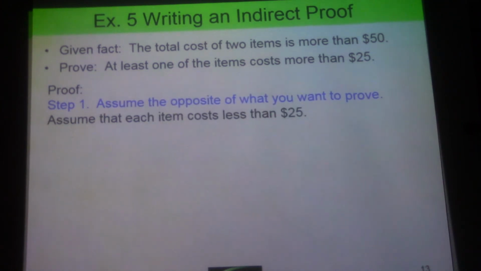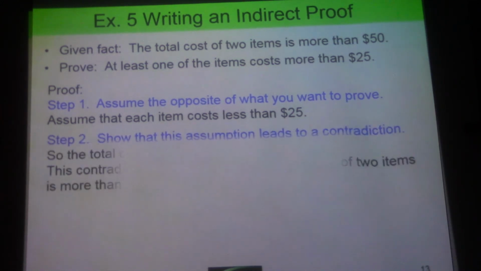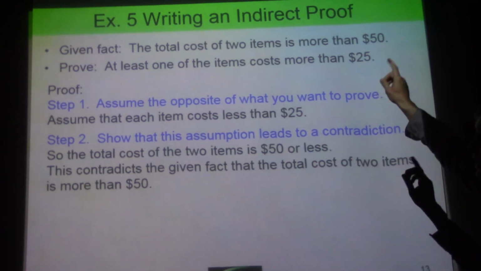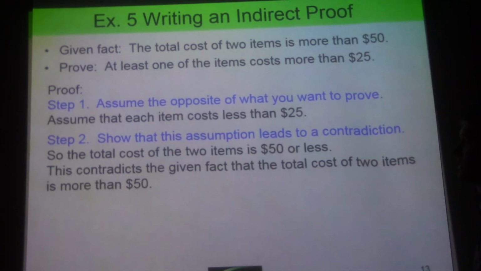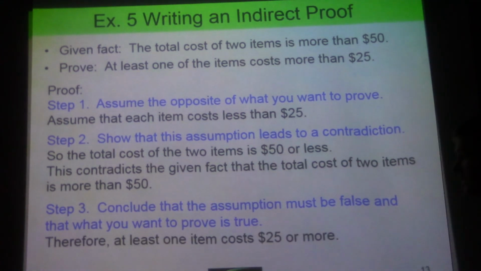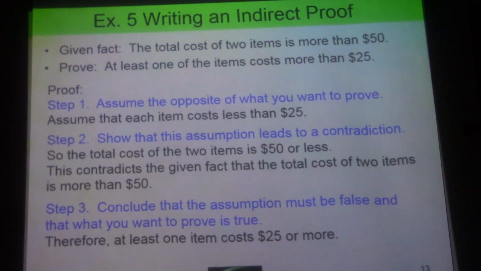So if each item costs $25 or less, then the total cost would be $50 or less. If the total cost is $50 or less, then that doesn't add up to what we already know, that it's more than $50. So that contradicts the given fact and we would say, therefore, at least one of the items costs more than $25.